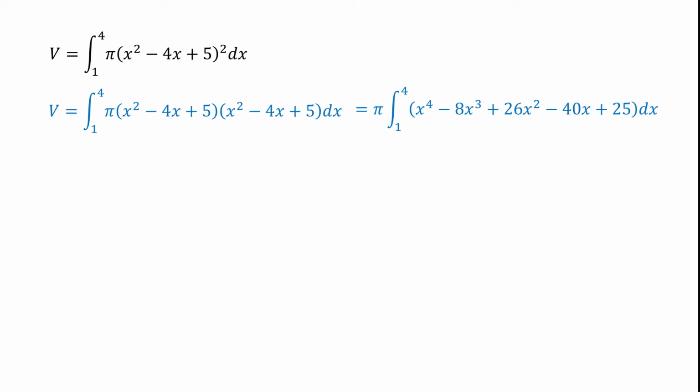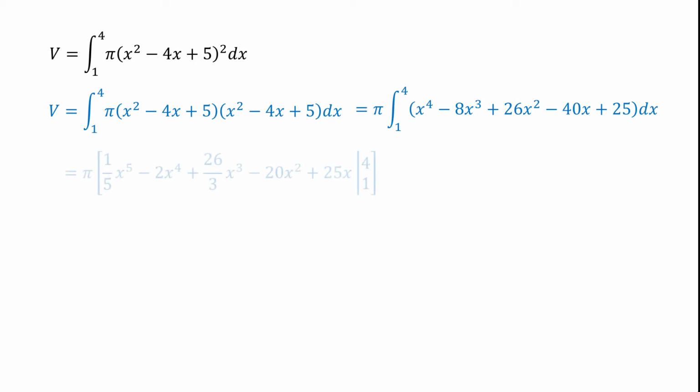So we'll have pi times the integral from 1 to 4 of x to the 4th minus 8x cubed plus 26x squared minus 40x plus 25 dx. Be sure to multiply out that squared quadratic on your own.